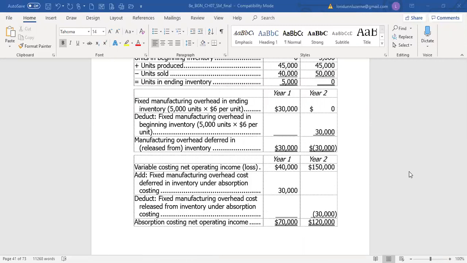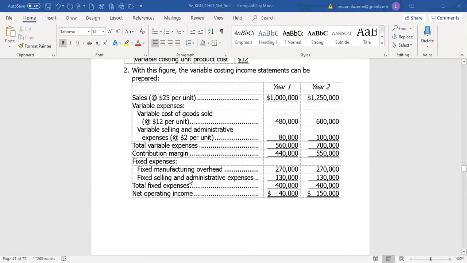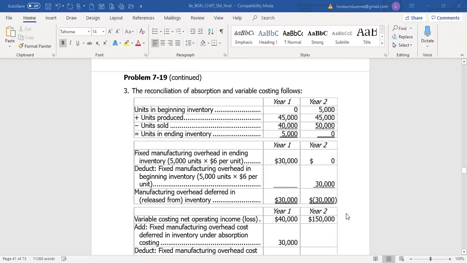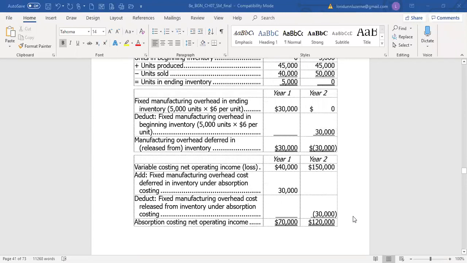Variable costing net operating income is our next starting point. So what kind of net operating income did you determine using variable costing? 40,000.